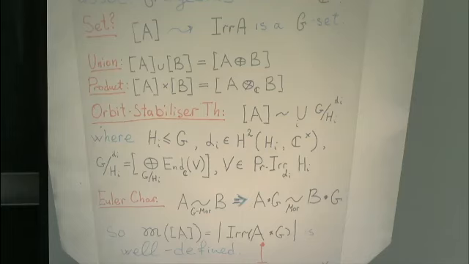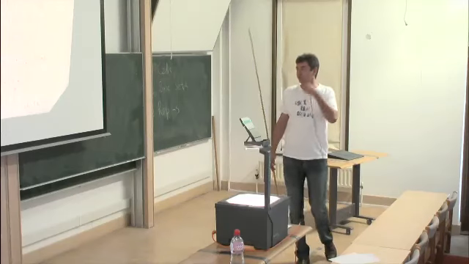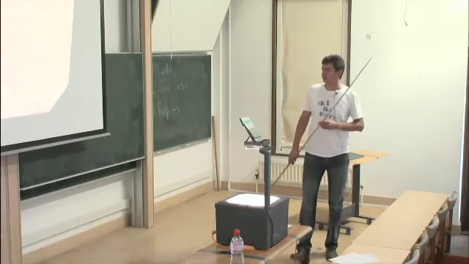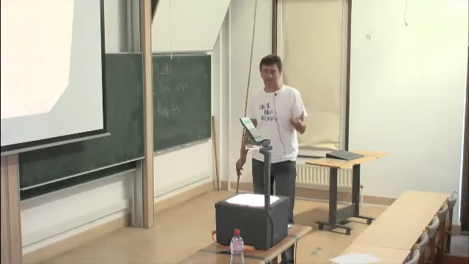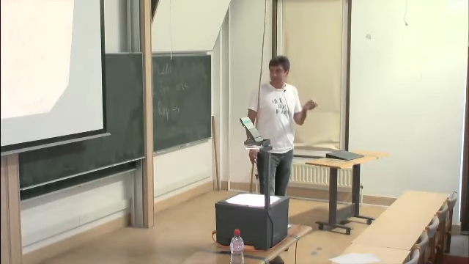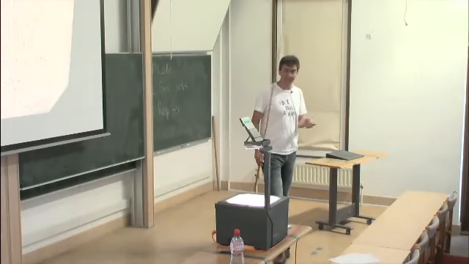So on a point, for each representation of G, you have a vector bundle on the point. So somehow the Euler characteristic of a point should be the number of representations of G.